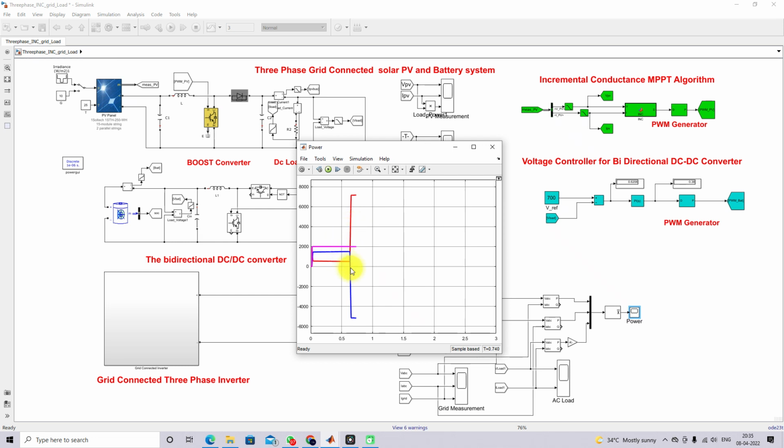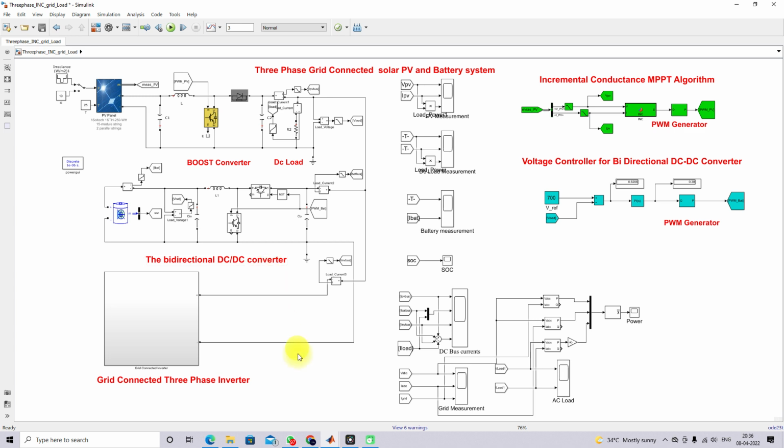load power and inverter power. Okay, so the red color is known as grid power, the pink color is known as load power, the blue color is known as inverter power.